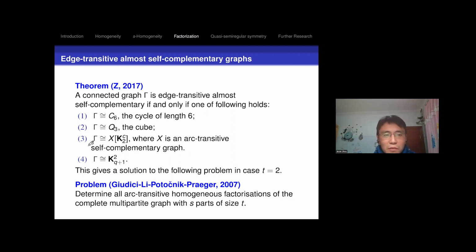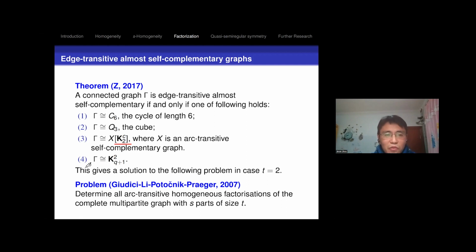The third case is gamma is the lexicographic product of X with K2 C. Here, X is an arc-transitive self-complementary graph, so X is known by Peisert's theory.